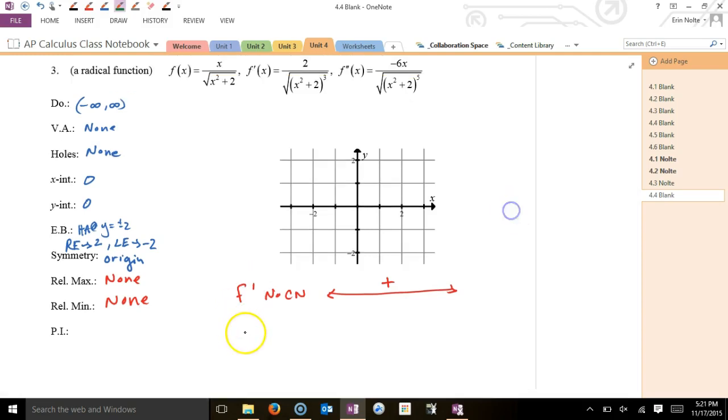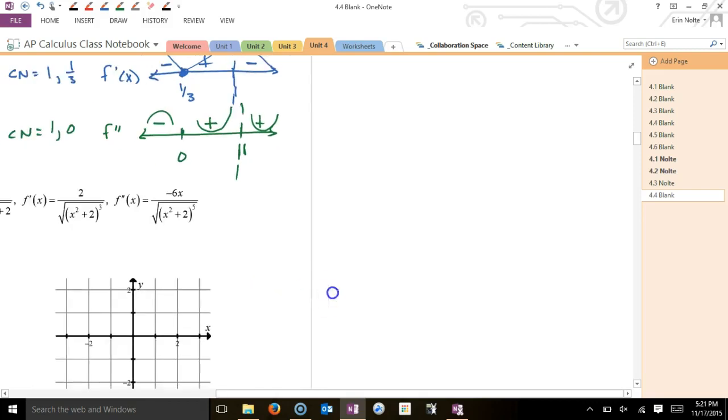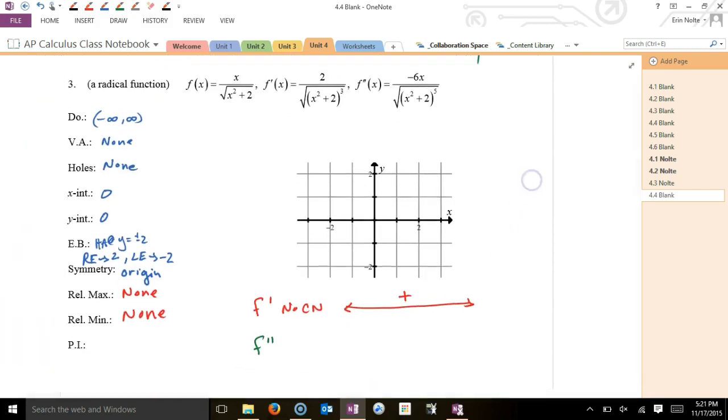Okay, so now let's use our second derivative and see if we have any critical values. Whoa. There we go. Again, no value that makes the denominator 0. Ooh, but this time if I set this equal to 0, -6 times x, so I have one critical number here, 0. So 0. Okay, if I plug a negative number in, I would get a positive over a positive.